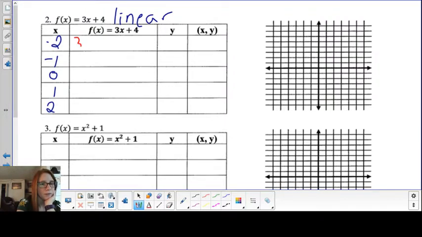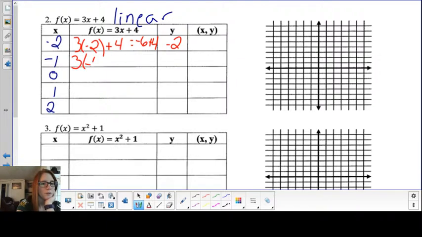So I have 3 times -2 plus 4. 3 times -2 is -6. -6 plus 4 is -2.